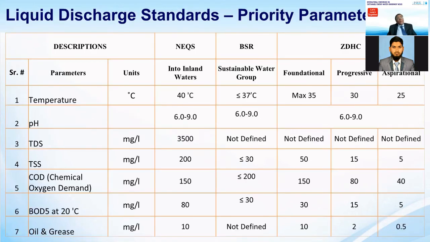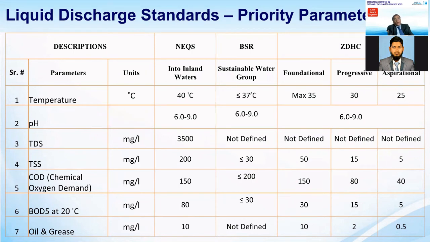In Pakistan, basically, we have these liquid discharge standards. You can see the priority parameters which we normally observe for the liquid. You see the NEQS, the National Environmental Quality Standards, which is now a provincial subject. If we talk about Sindh, they will use the SEQS, and if we talk about Punjab, they will say PEQS.